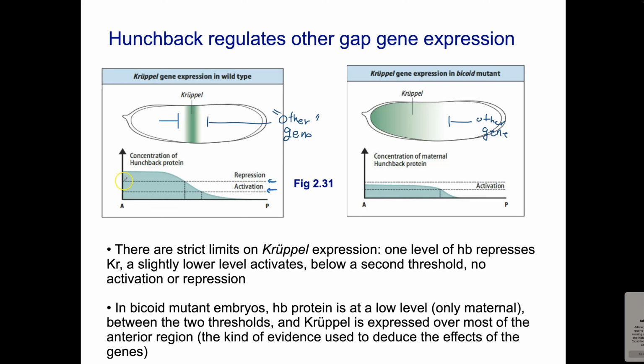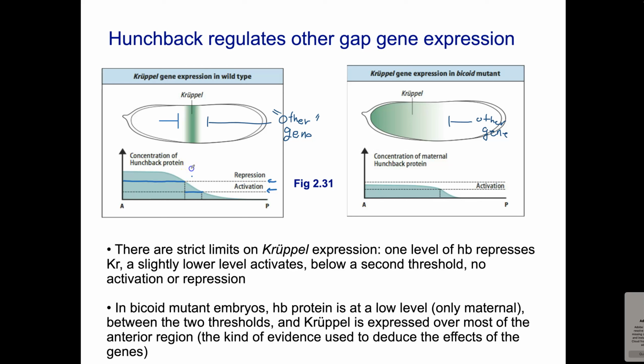When you have hunchback that is above a certain level, it acts as a repressor of the Kruppel gene's expression. When it's below that threshold but above this other threshold, you still have some of the protein around, but it's a smaller amount.